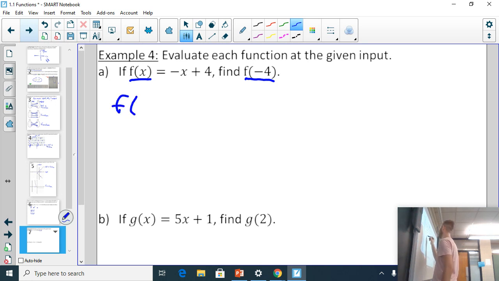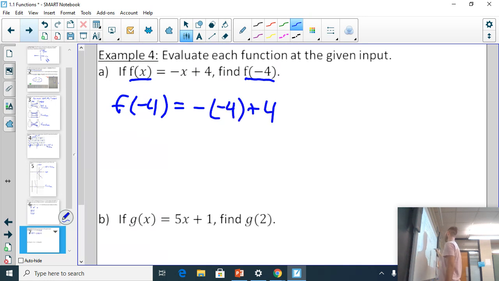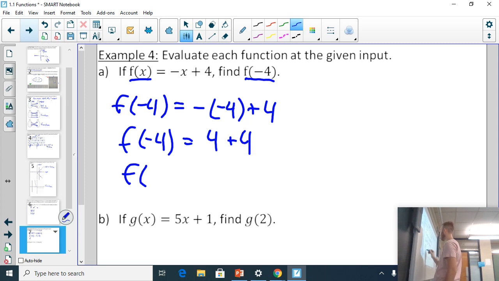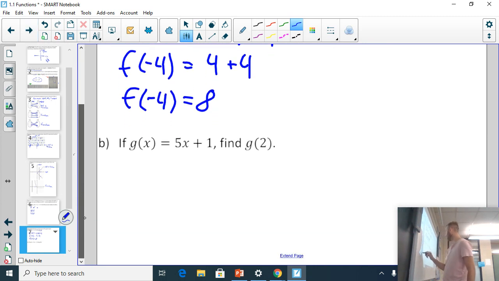So f of negative 4, I've replaced x with negative 4. So anywhere I see an x, I'm going to replace it with negative 4. And when I evaluate that, we're going to get f of negative 4 equals negative 4 is positive 4 plus 4. So then it turns out that f of negative 4 is 8.